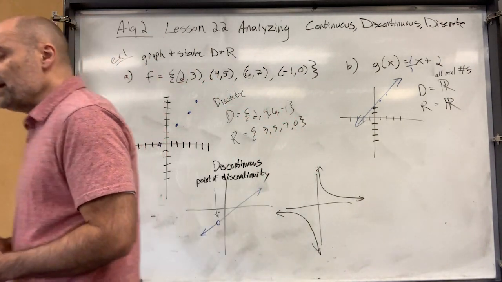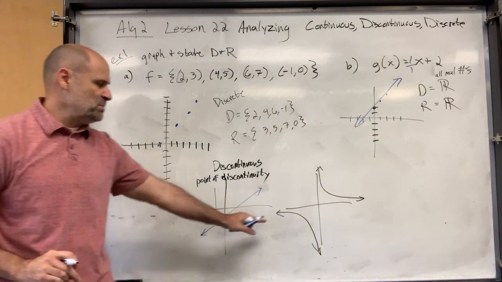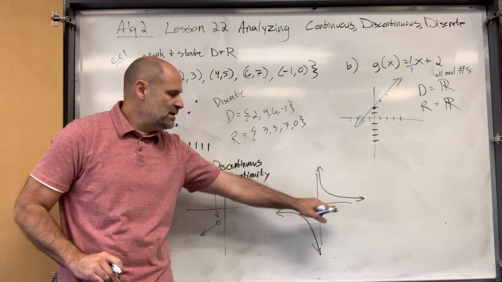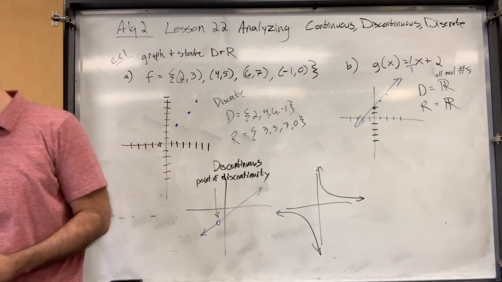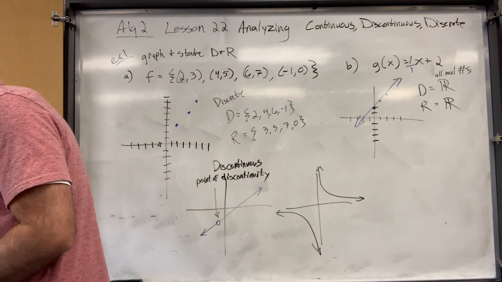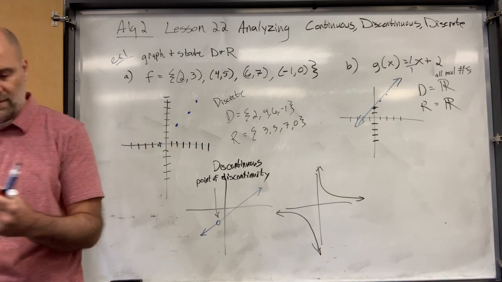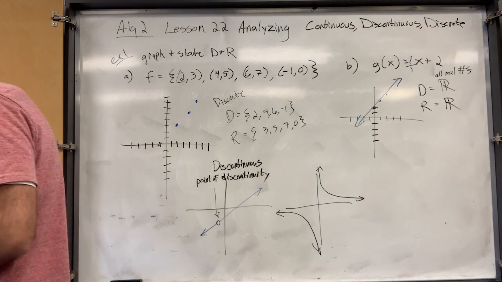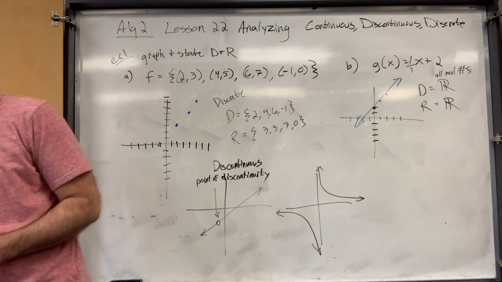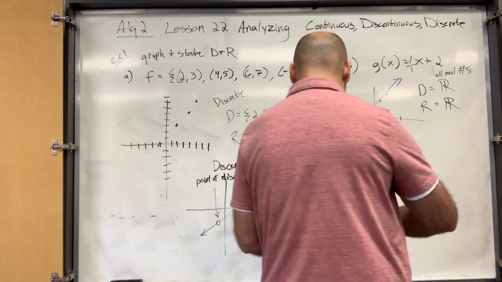Okay? You guys have probably seen a graph like this before, but this is discontinuous because there's two of them. So the second graph above is discontinuous at the line x equals 0, and y equals 0, but it's discontinuous here.